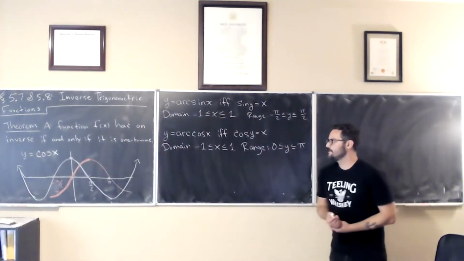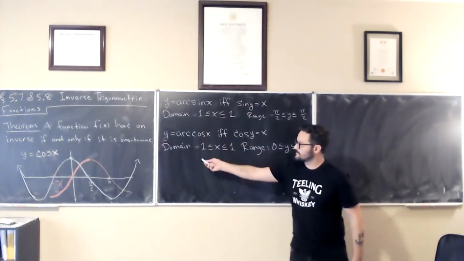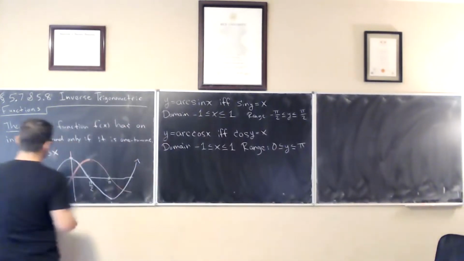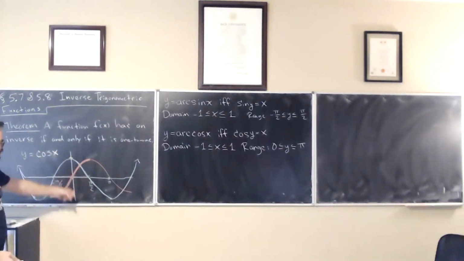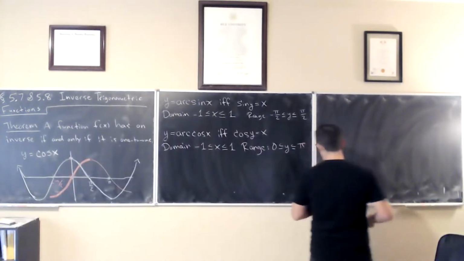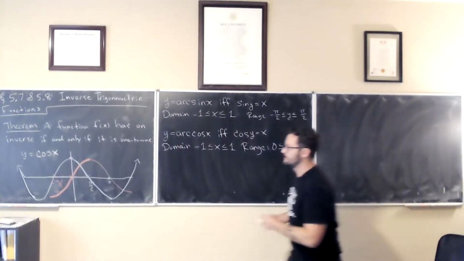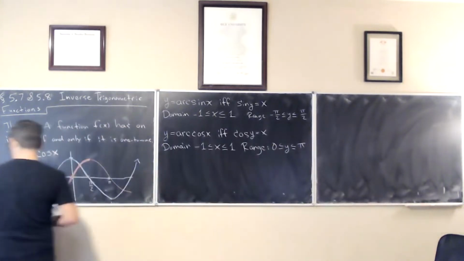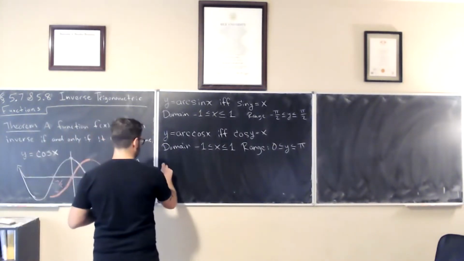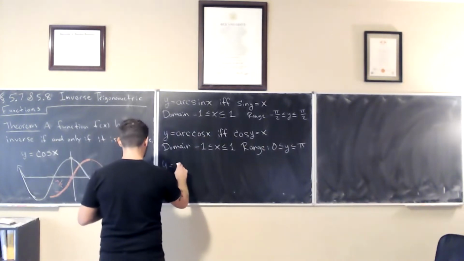Okay. And the domain for these is -1 to 1 because the range for the original functions is between 1 and -1. So again, there's this interplay between domain and range and how they interchange with your inverse functions. Okay, so then let's go ahead and write the next one.